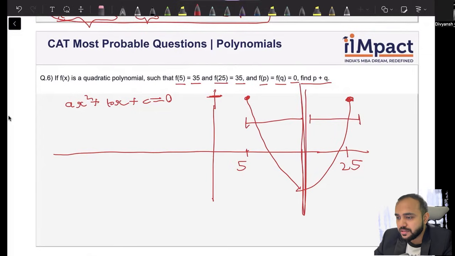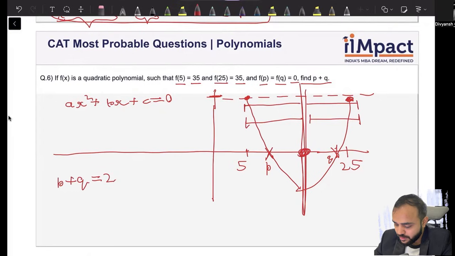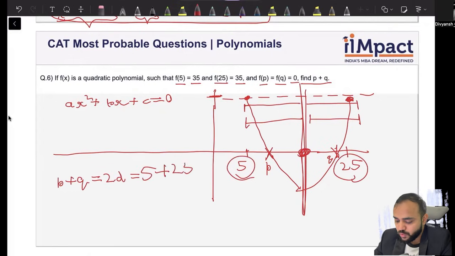A quadratic is a symmetrical function, a parabola is a symmetrical shape, and if you are having the same value, it means you are at an equal distance on either side, which means whatever these roots are, let's say p and q, p plus q will be equal to 2 times this point, which will be equal to 5 plus 25. So through symmetry, you can say p plus q is going to be 30.